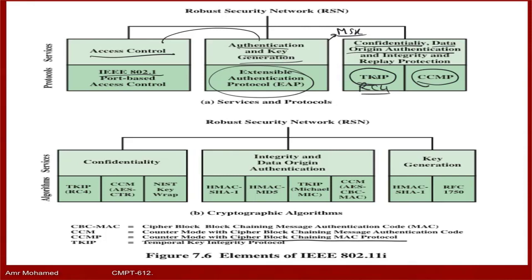So counter mode is used for data transfer. And for data transfer, we said that we need some error resistance, and that's why we use counter mode. But for generation of the MAC, for data integrity, we don't need resistance to errors. In fact, this is used for integrity. And that's why we use cipher block chaining. We don't use counter mode here. We use cipher block chaining because it actually affects the integrity of data.